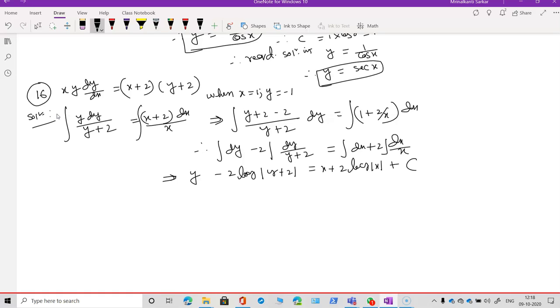Now is the condition given there? When x equal to 1, y equal to minus 1. 2 log 1 will be 0.